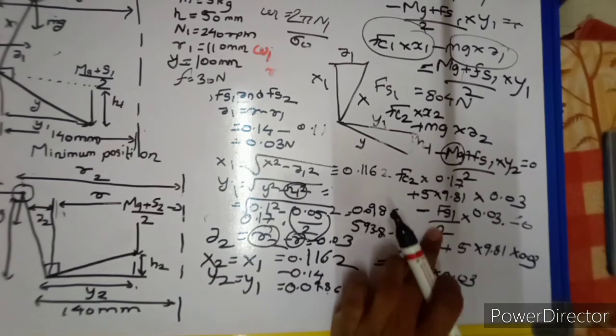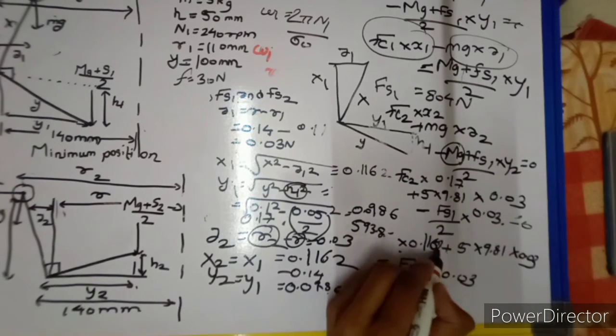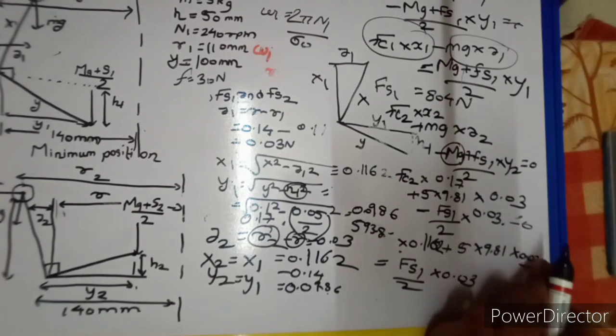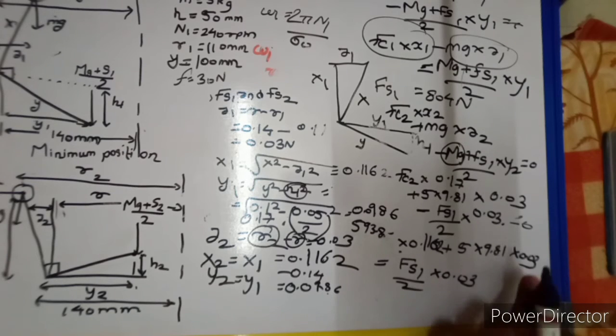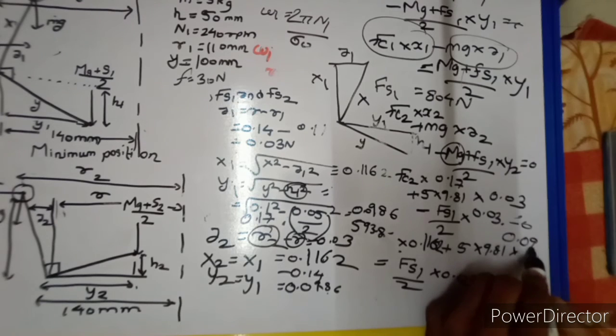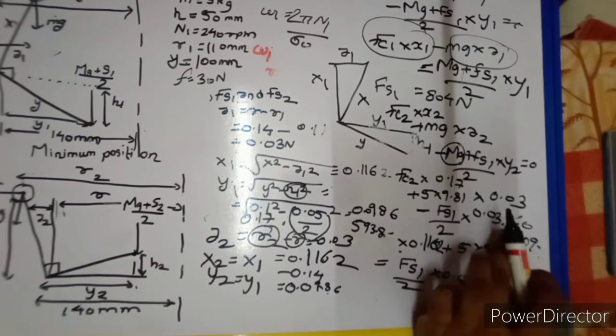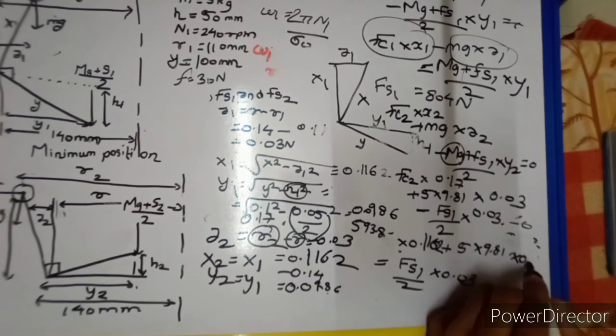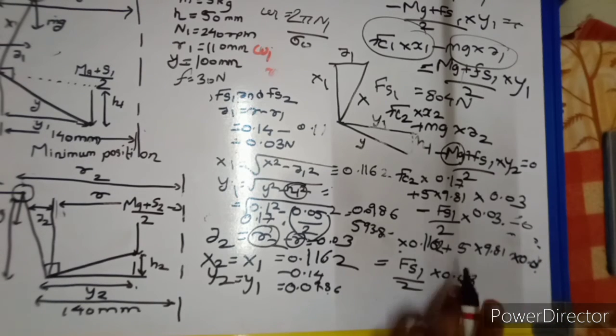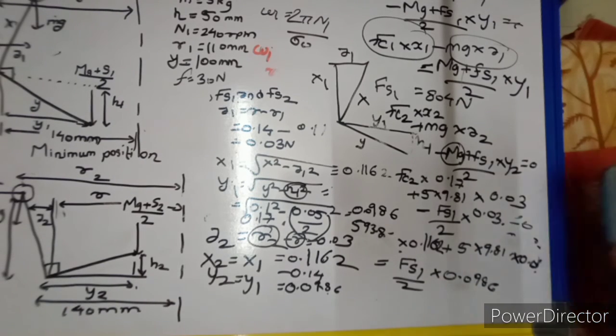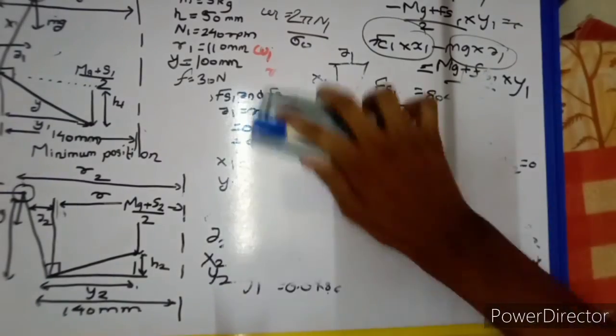Now we will get, see, this is 1162 x2 and y2, no, y2 is 0.0986. This is 0.03 into 0.03 and this is 0.0986. Just I'll explain it again, don't worry. So I will rough it.